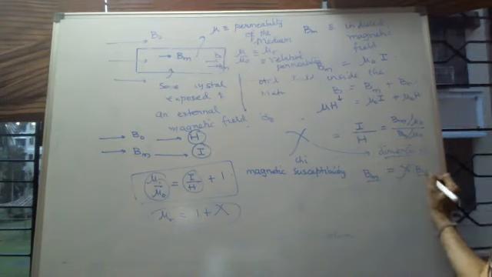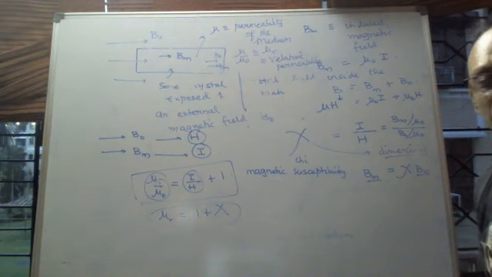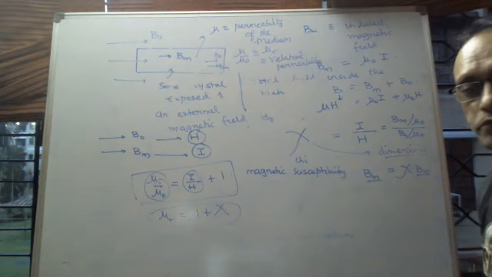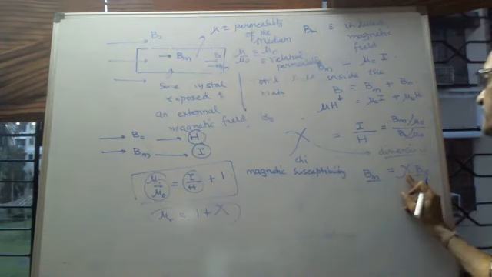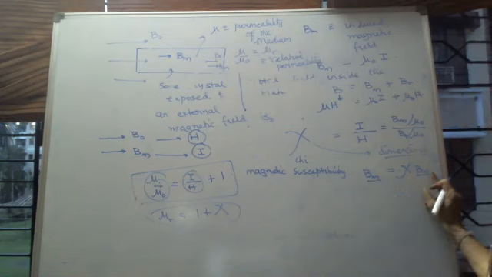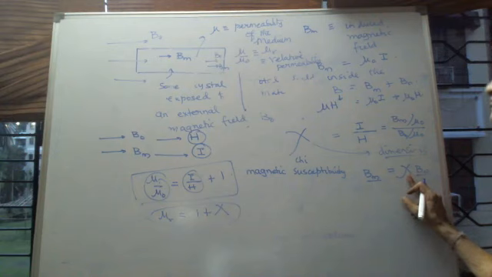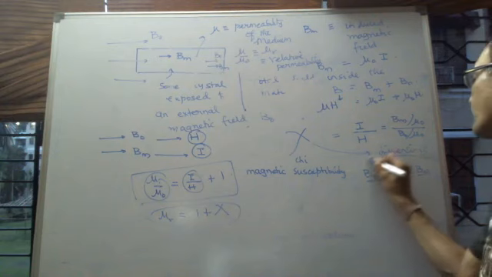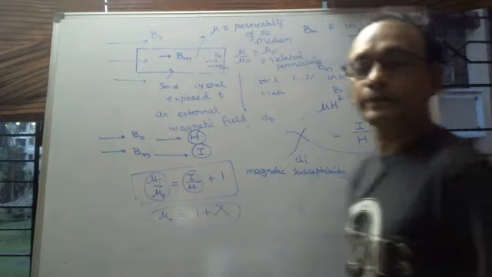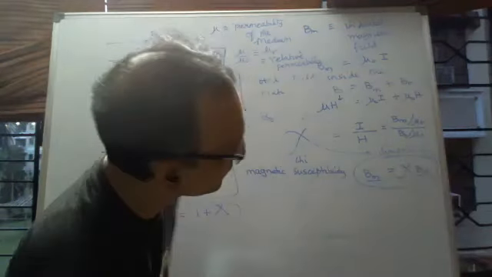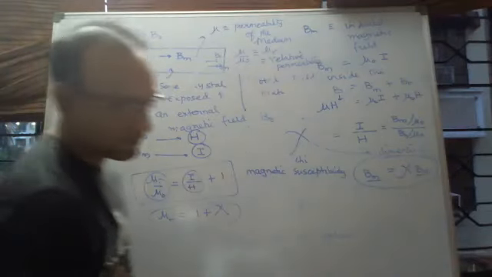Bm is proportional to B naught. The induced magnetic field is proportional to the externally applied magnetic field, separated by a factor which is the magnetic susceptibility. Can I write this off?